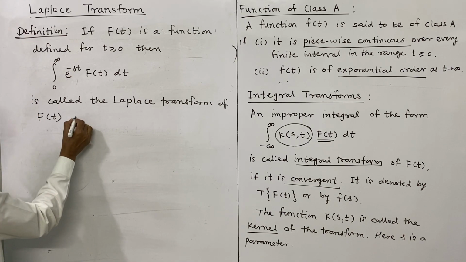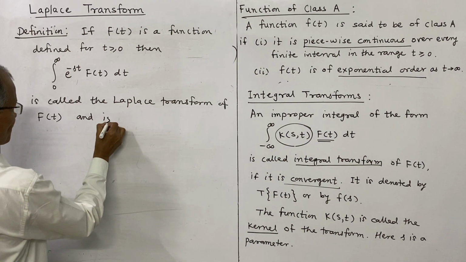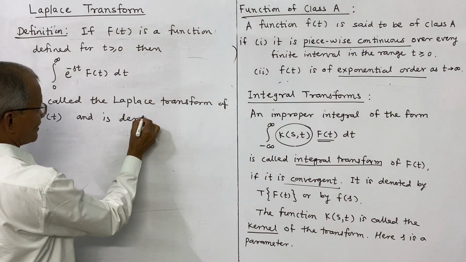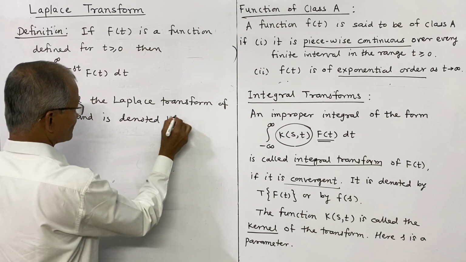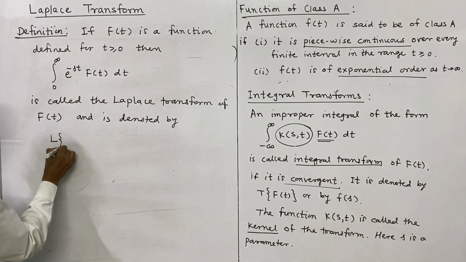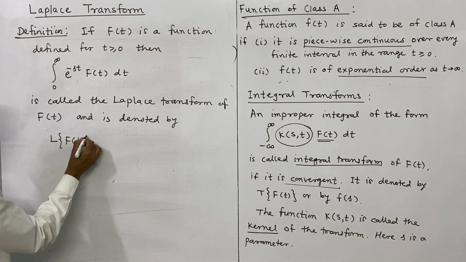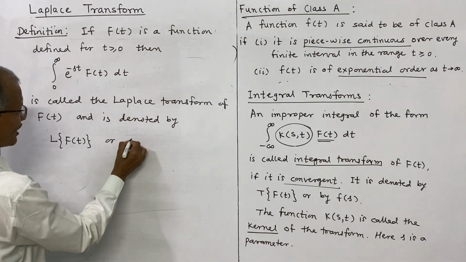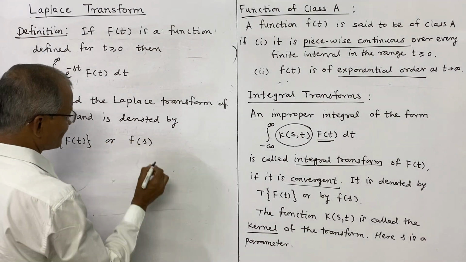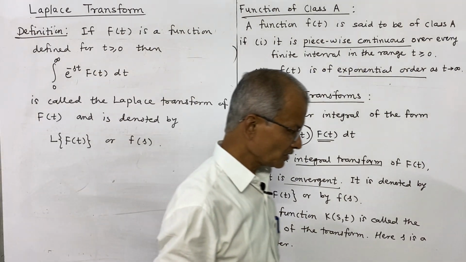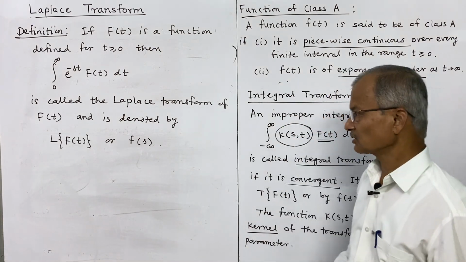And it is denoted by L, which stands for Laplace, L of f of t, or another notation is F of s. There are different notations to denote the Laplace transform.